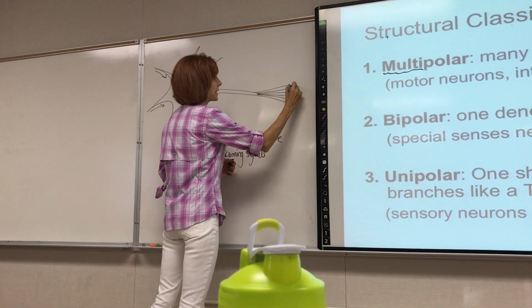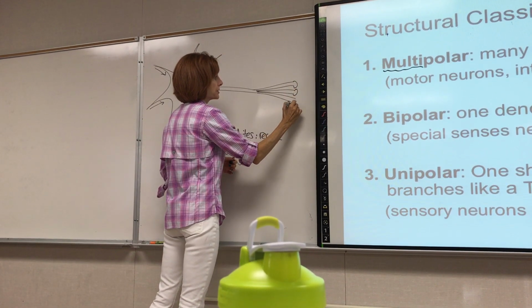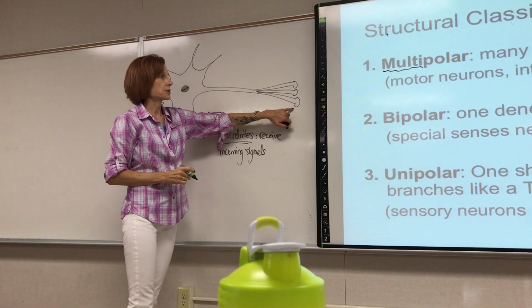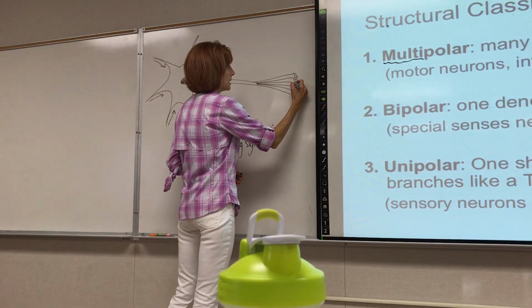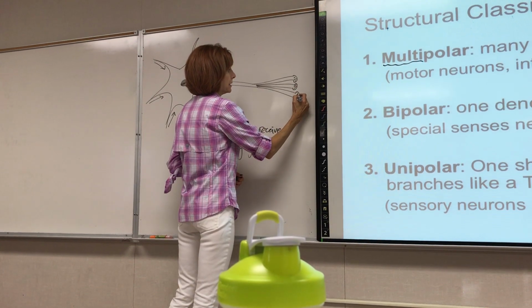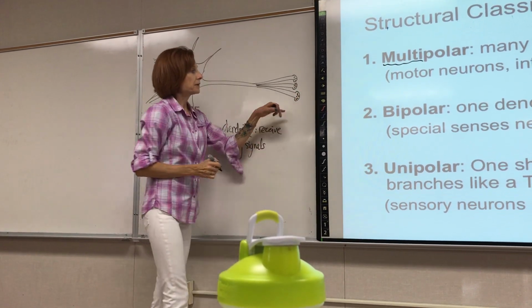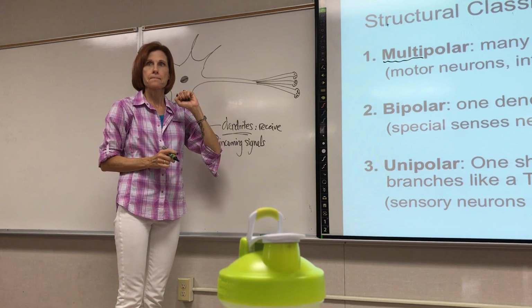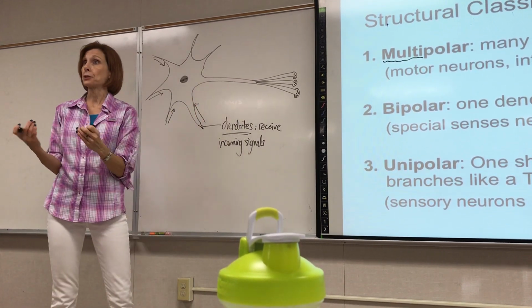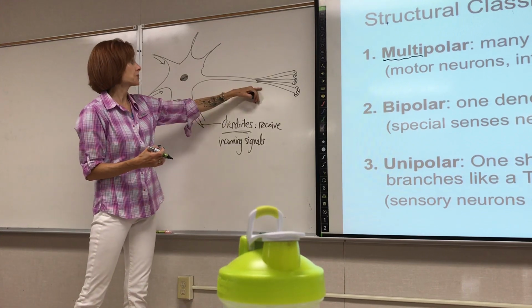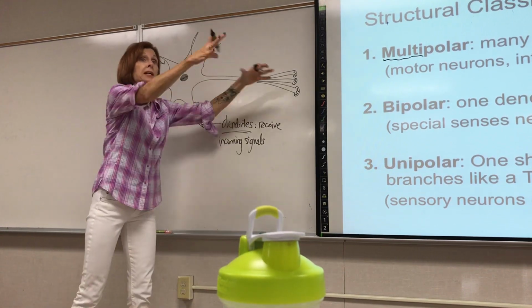And remember, at the ends of the axon branches, we have these little knot-like structures called synaptic nodes or synaptic bulbs, exactly, with the little vesicles. What do the vesicles contain? Acetylcholine, or it could be another neurotransmitter. They contain a neurotransmitter.